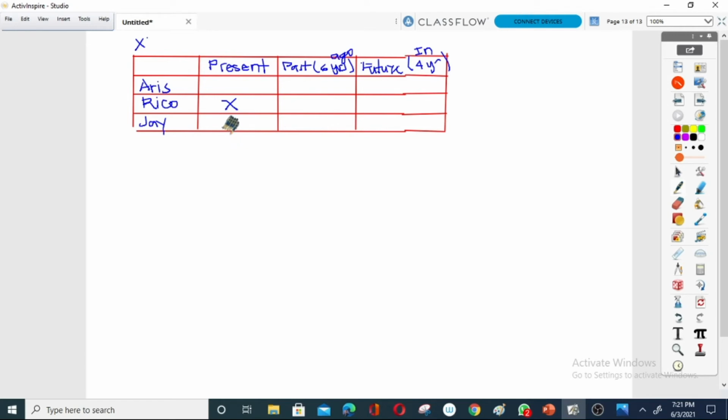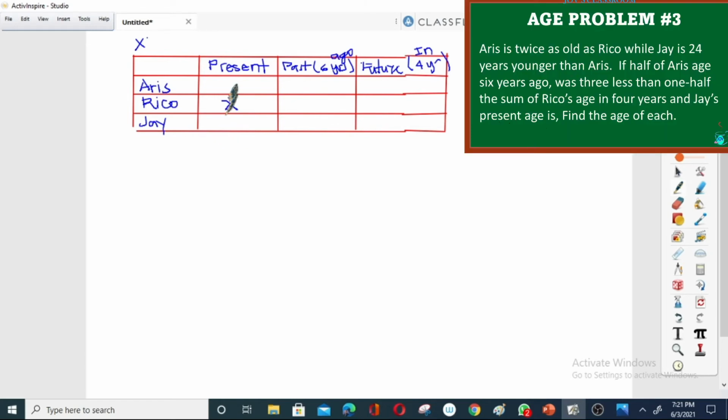And then it says that Aris is twice as old as Rico. Twice as old as Rico, so 2X, Rico's age. And Jay is 24 years younger than Aris. Younger, that means minus 24 of the age of Aris, which is 2X. Okay, so these are the present ages of these three persons.